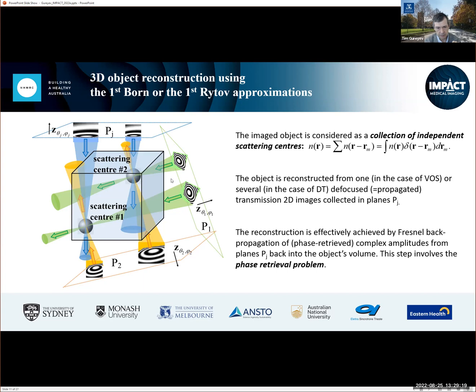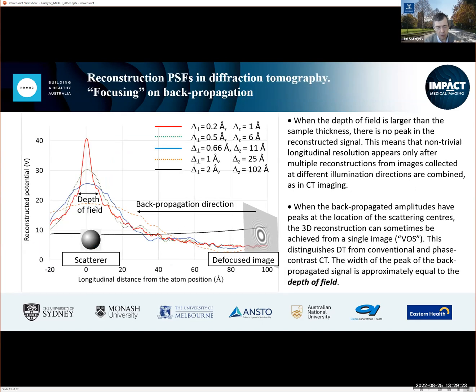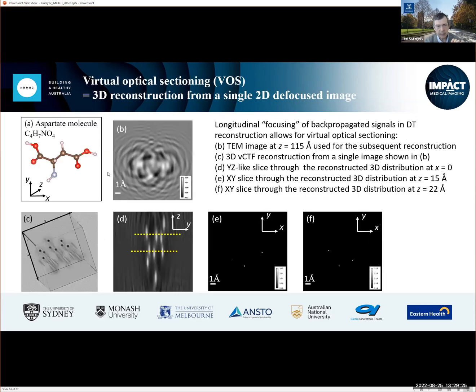So we get the peaks at the right spots in 3D only after we do this reconstruction from multiple images, right? But when the depth of field is small, the peaks are high, and one can do this virtual optical sectioning. This is an example in the context of electron microscopy, but I'll try to mention that it may become relevant to X-ray imaging under certain circumstances.